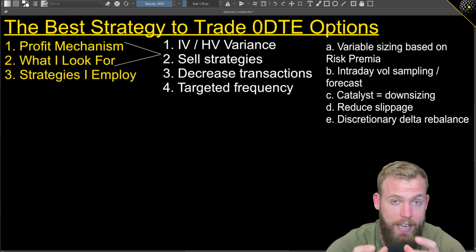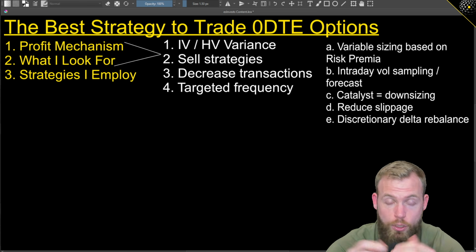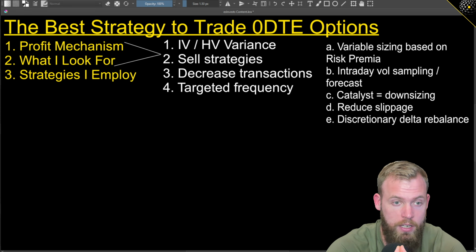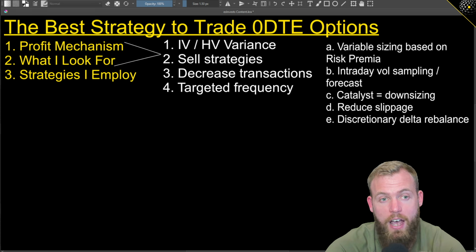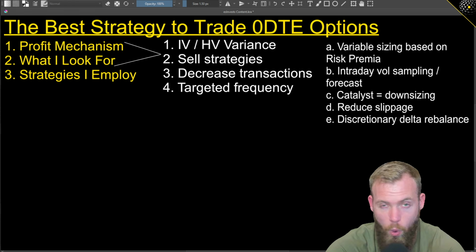If there's a big catalyst, sometimes it's worth downsizing because you're going to collect more premium anyways because of the implied volatility being so elevated. And the last thing is I've started instituting a delta rebalancing protocol in another sample of this trade. It's way too early to really derive anything from that, but so far that also looks promising.